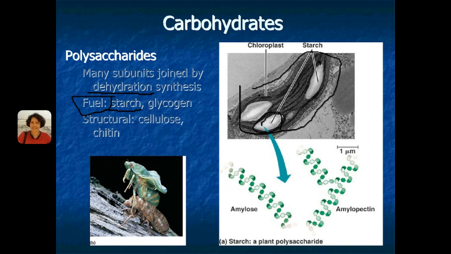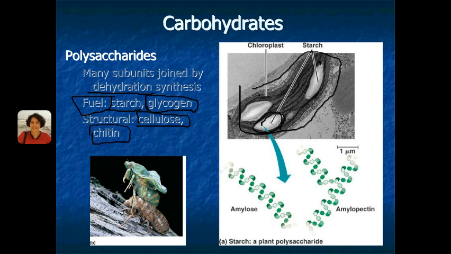In animal tissues, a fuel storage carbohydrate is glycogen. We accumulate glycogen in the liver and in the muscles. And then there are structural carbohydrates, and those include cellulose, a major component of wood in plants. It's actually a long carbohydrate. And chitin.